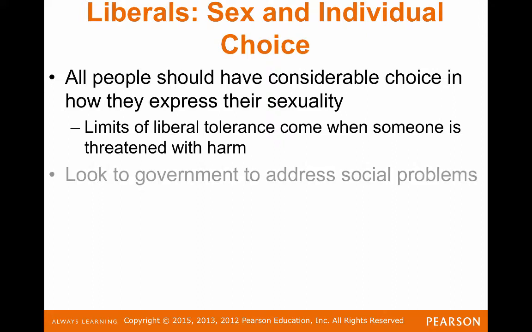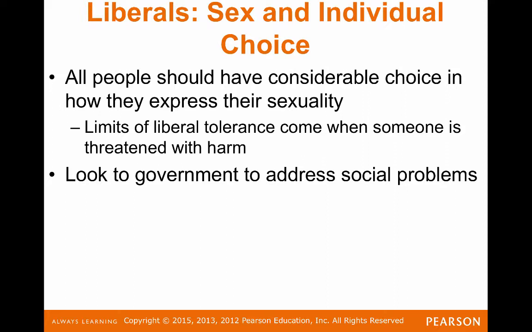So they often, as liberals do, that's kind of the definition of liberals, look to the government to address social problems, right? The whole point of liberalism is this idea of changing the structure of the government to favor progressive or quote unquote ideas.